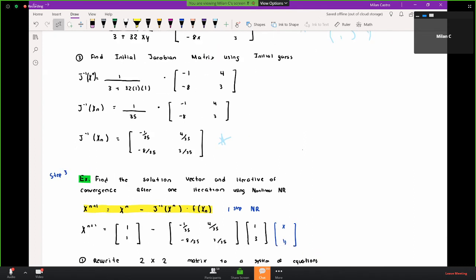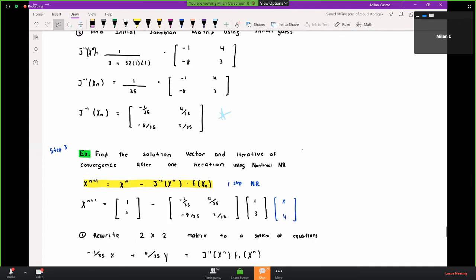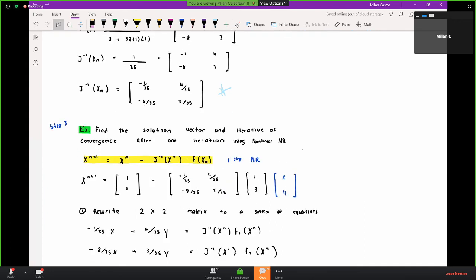So now that you have this, you have almost everything you need in order to incorporate your one-step Newton-Raphson. So step 3 is now finding the solution vector using the one-step Newton-Raphson. You can see here that your new solution is going to be equal to your initial guess minus the inverse Jacobian matrix evaluated at your initial guess times your function evaluated at your initial guess.